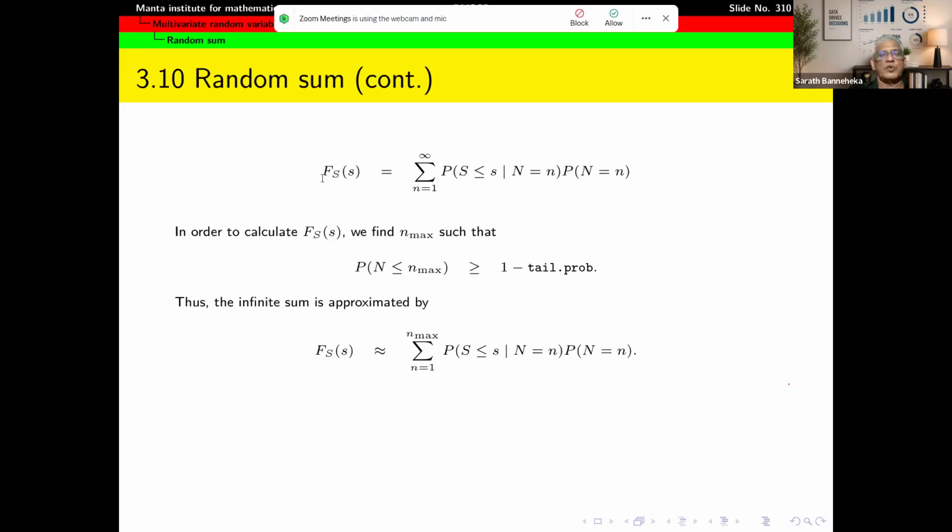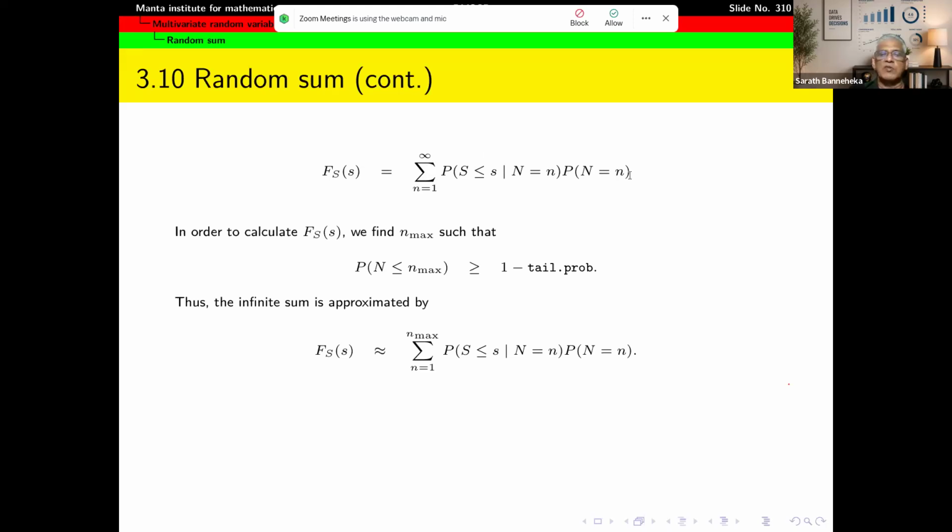So this is the expression for the cumulative distribution function of S. Notice that here this is summation. But in order to calculate in the computer, we need to find out some value for n. So let's call it n max, right? So we are going to find n max at that. This probability here, N less than or equal to n, because we are adding here for n from 0 to something.